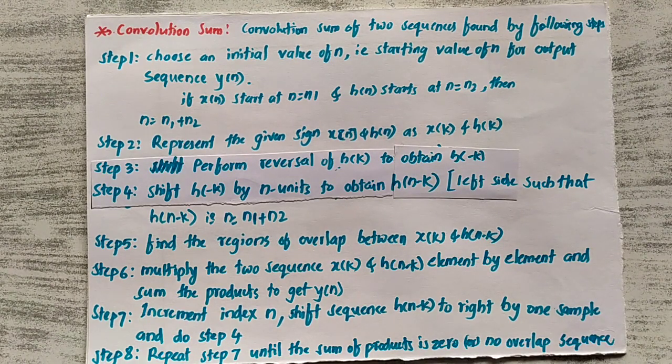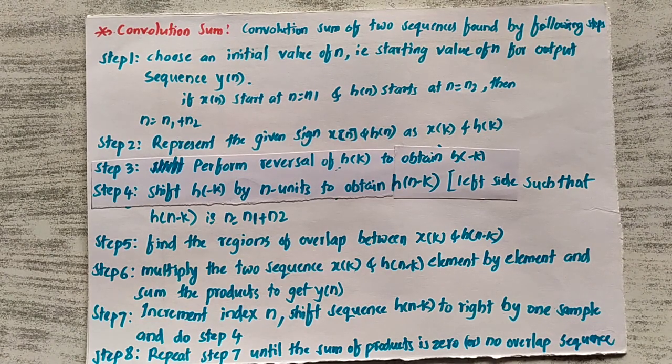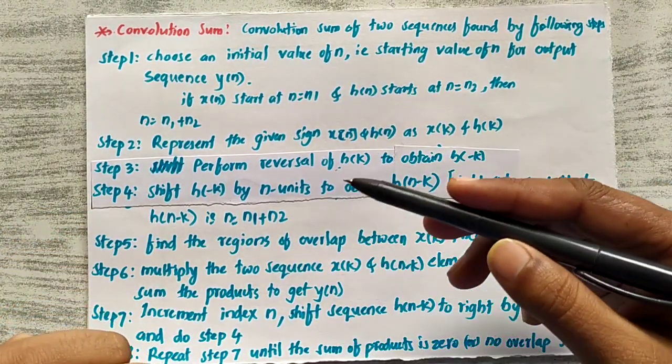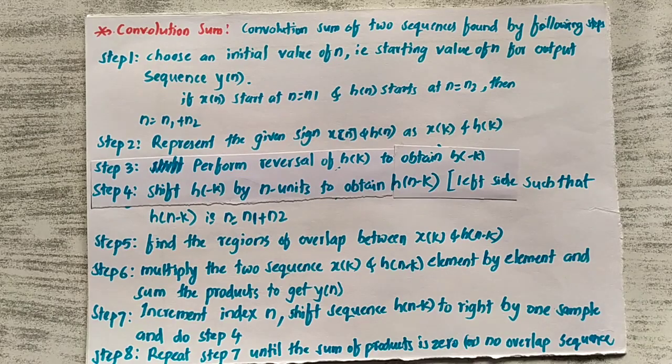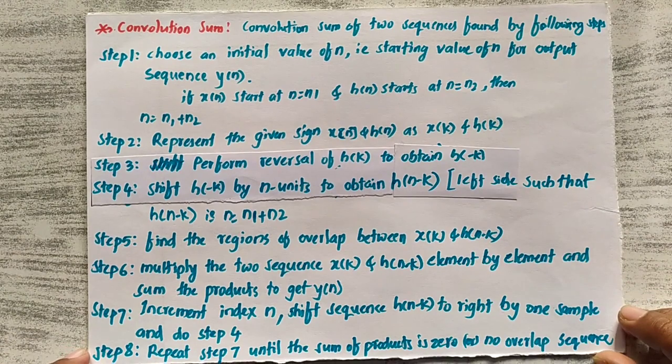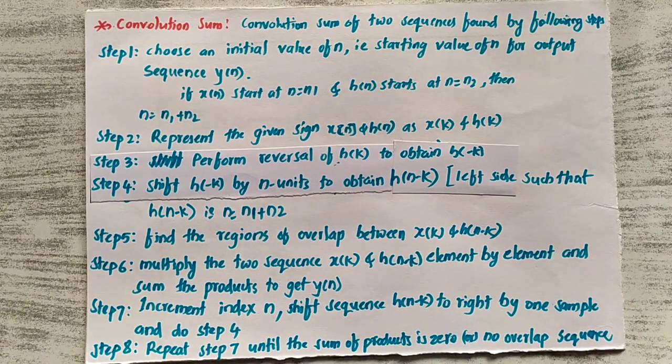You will be given the x of n signal and the impulse response of the system. If you convolve them, you get y of n. How to find the convolution sum of two sequences? There are around 8 steps, which I will go through one by one.